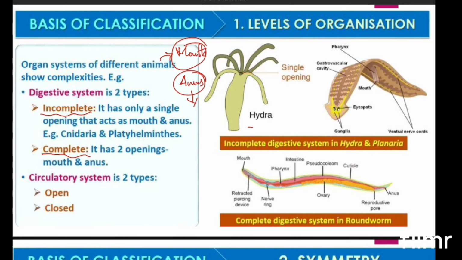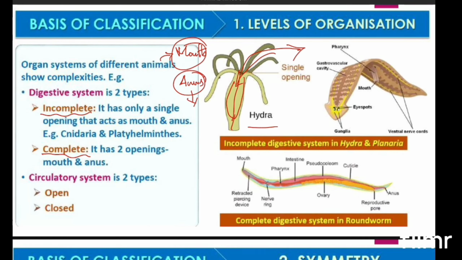But in hydra and planaria, all these organisms, there is a single opening through which the food is taken in. They have a special body cavity, where the food will be digested and absorbed. After that, the waste material is also removed through the same opening. So that's why it is called an incomplete digestive system.